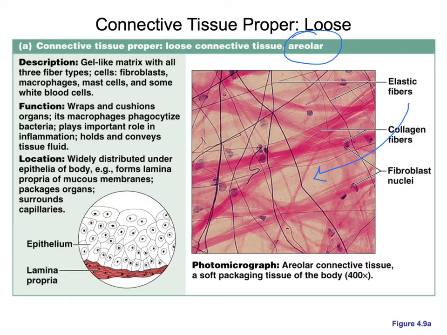The fibers are not tightly wound. You'll see scattered fibers of different types and potentially colors and thicknesses, and you'll see some fibroblast nuclei scattered around. This is located underneath the epithelia, widely distributed throughout the body, and it wraps and cushions organs, kind of a generic.